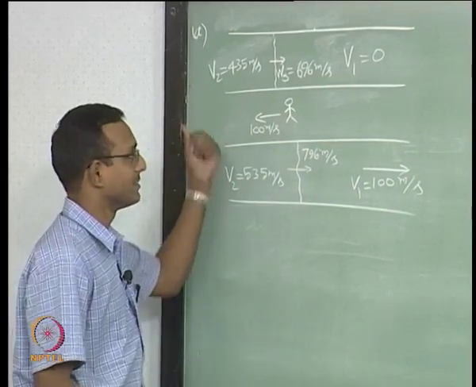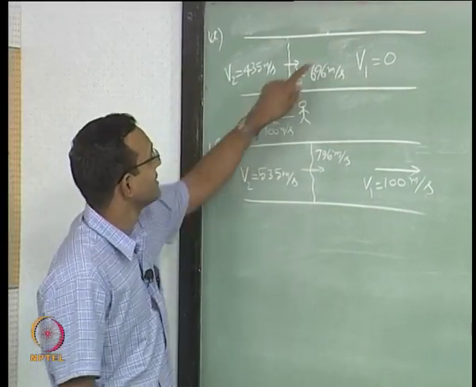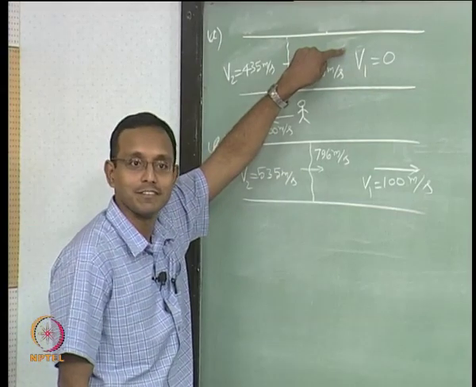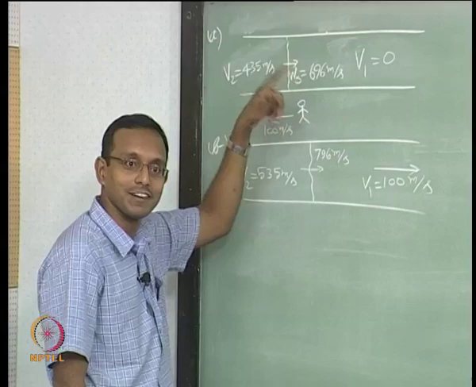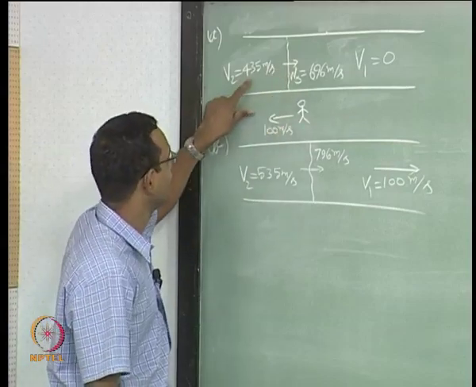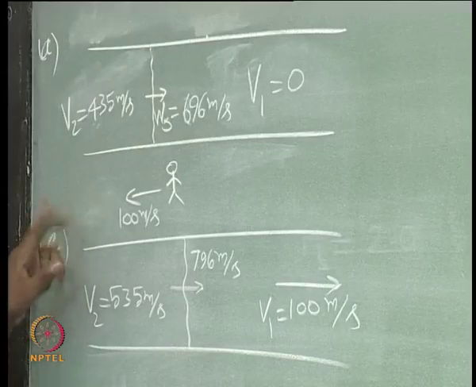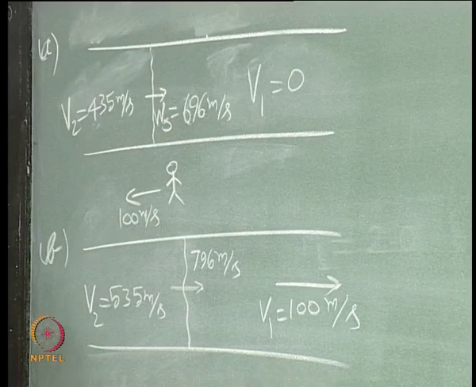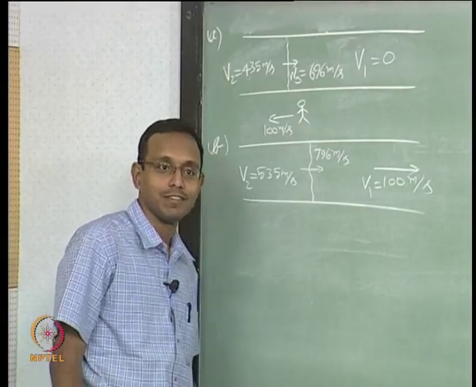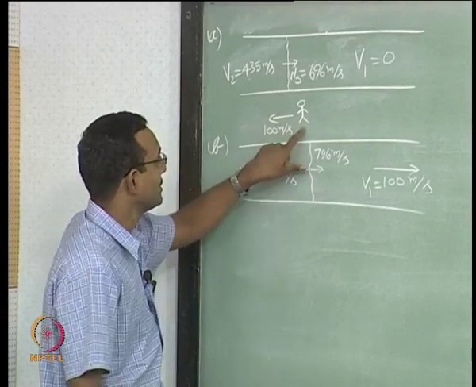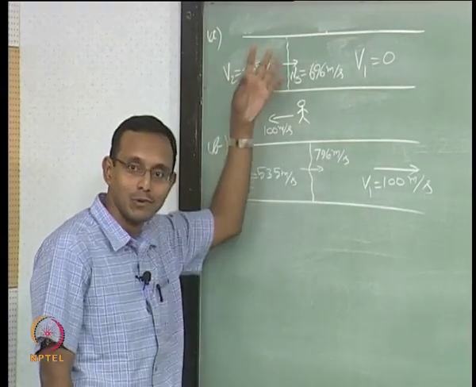If he is moving like this, what will he see as this velocity? 100 meter per second. What will he see this problem as? 696 plus 100. What will he see this? Plus 100. That happens to be this problem exactly. Okay. It is just a shift in coordinate system. Okay. The person who is watching is moving, that is the only change if you look at it.